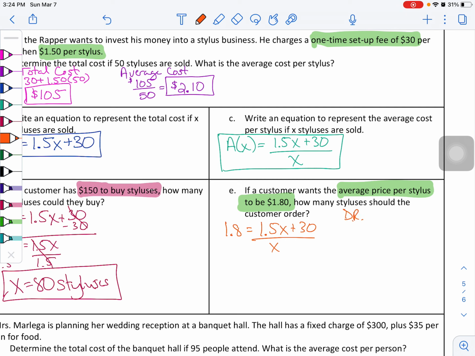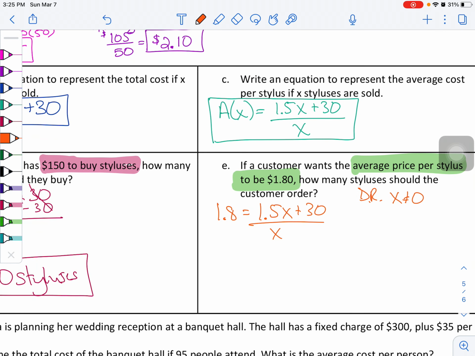Instead of A of x equals, I'm going to do 1.8 equals 1.5x plus 30 over x. Domain restriction, I know that x cannot equal 0, but that's not going to make any sense for this problem, ordering 0 styluses and paying for an average cost. So that shouldn't be an issue, but just in case.